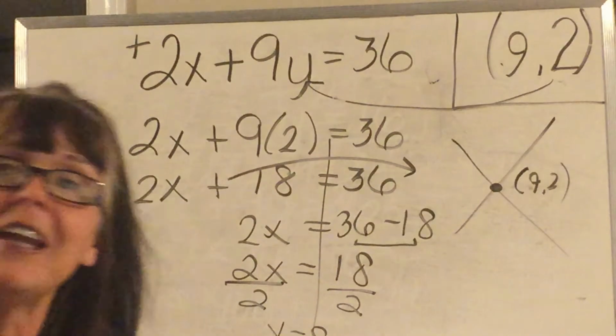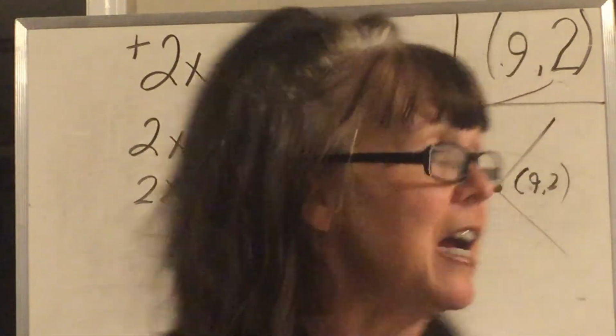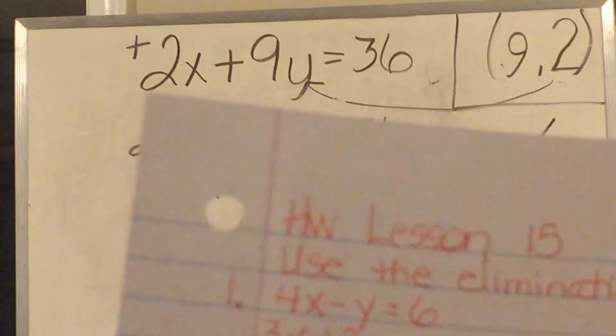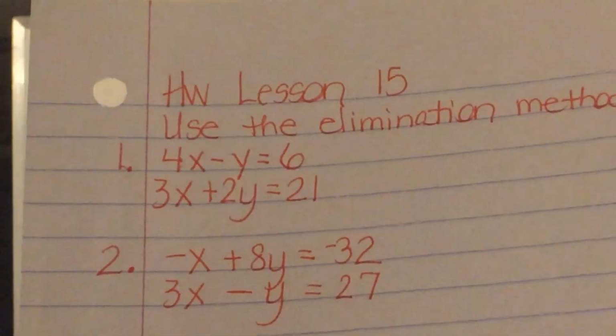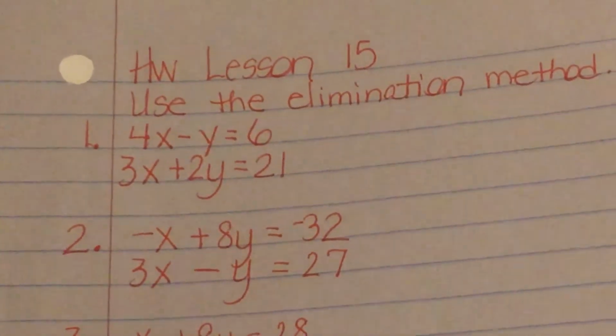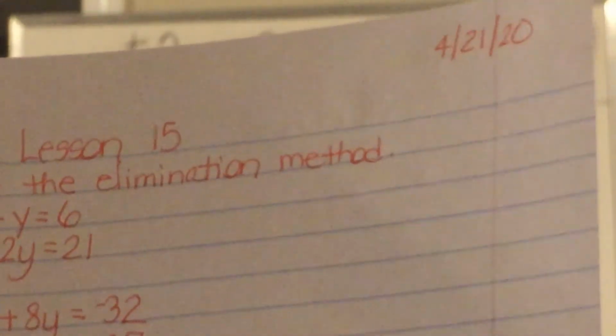All right, another good day in Algebra 1, and I got you a little bit of work to do. Let's see if I can hold this up for you to see. Now, looky there, lesson 15. It tells you to use the elimination method. There's my date, 21st.